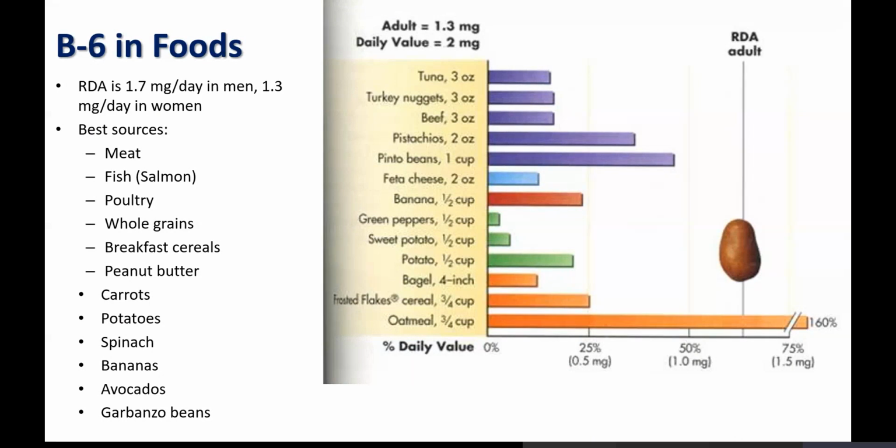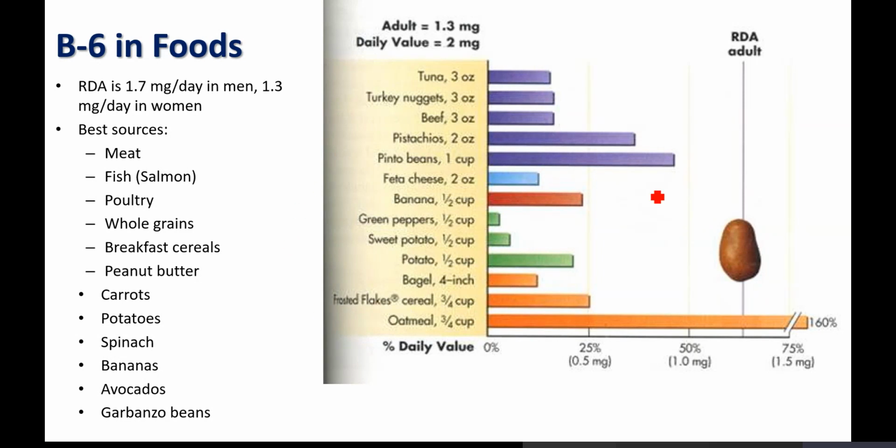Meat, fish, poultry, whole grains, breakfast cereals, peanut butter, additionally vegetable sources such as carrots, potatoes, spinach, bananas, avocados, and the special beans called garbanzo beans are also very rich in this. Egg yolk I have not mentioned, but milk also is a good source. Whole wheat, cabbage, roots and tubers are also good sources.